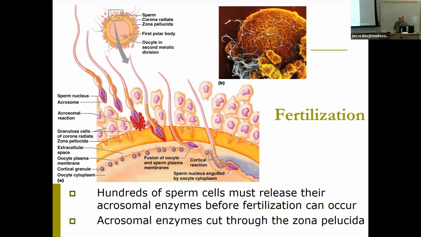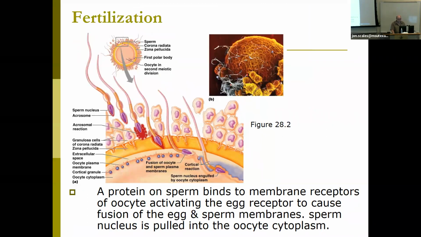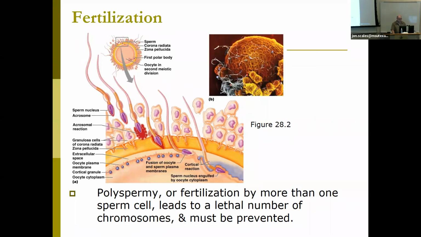That will prevent other sperm from being able to make contact with the membrane of the egg. This is called the block to polyspermy. If more than one sperm fertilized the egg, that would be known as polyspermy.